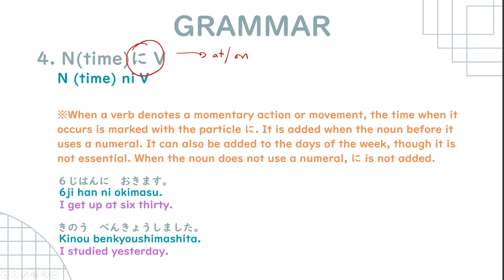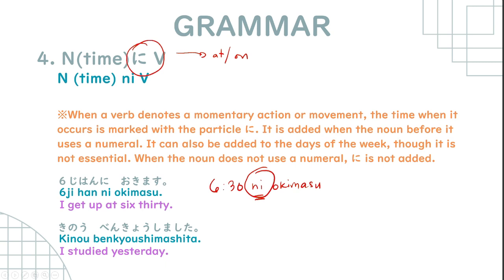It is added when the noun before it uses a numeral. For example, we have 6時半, which is 6:30. 6時半に起きます. So I get up at 6:30.